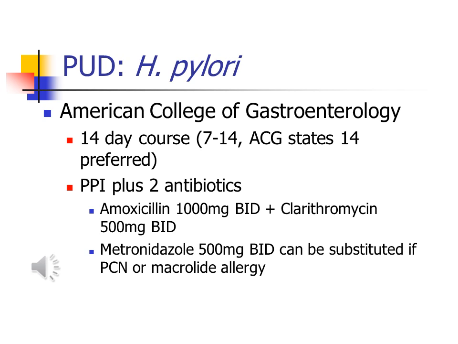I alluded to the treatment of H. pylori if it's positive by test, and the American College of Gastroenterology advises a 14-day course for treatment. They state that the 14-day course is preferred, even though their guidelines do state a range of 7 to 14 days. And typically you're going to give the patient a regimen that contains a proton pump inhibitor plus 2 antibiotics.